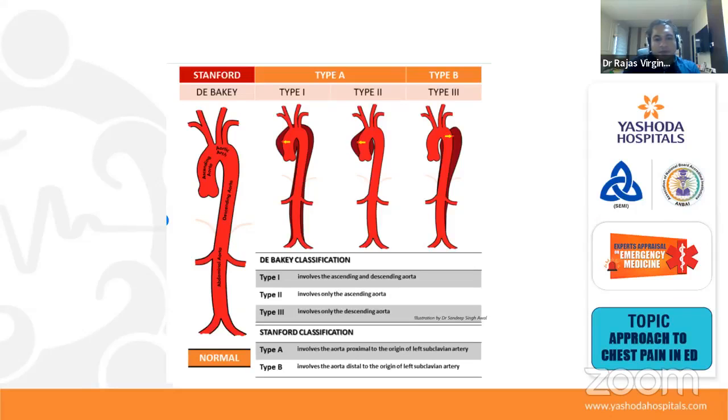Just to simplify things, we will stick to the Stanford classification, which is a much simpler classification, divided into type A and type B. If there is a dissection before the left subclavian artery, then it's a type A. If the dissection is distal to the left subclavian, then it's a type B.